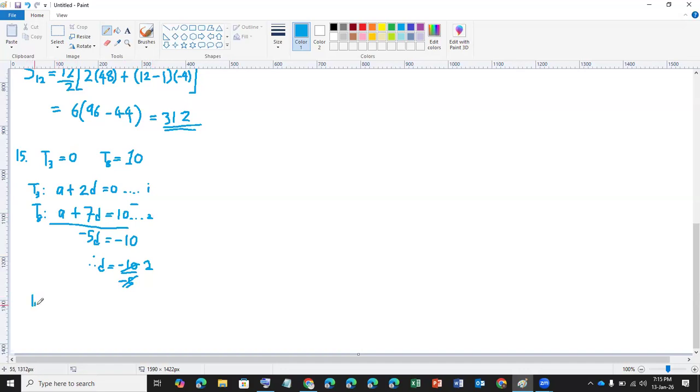In equation 1, what do you have? You have A plus 2D equals 0, right? Yes. So it will be A plus 2 times 2, which is 4, equals 0. So what do you think we'll do with this now? We're going to solve it out.